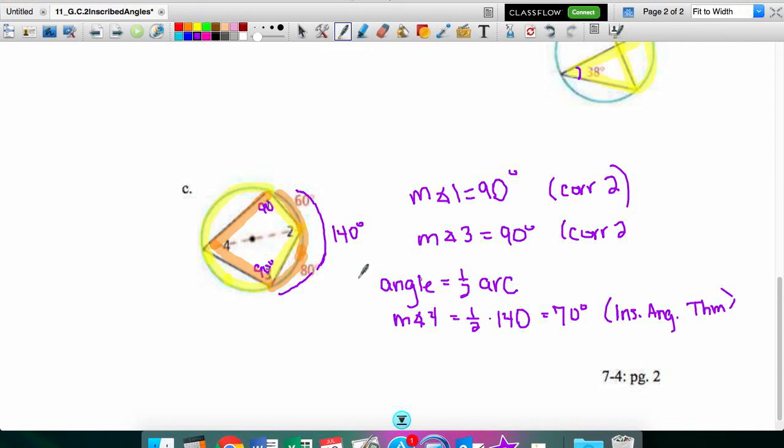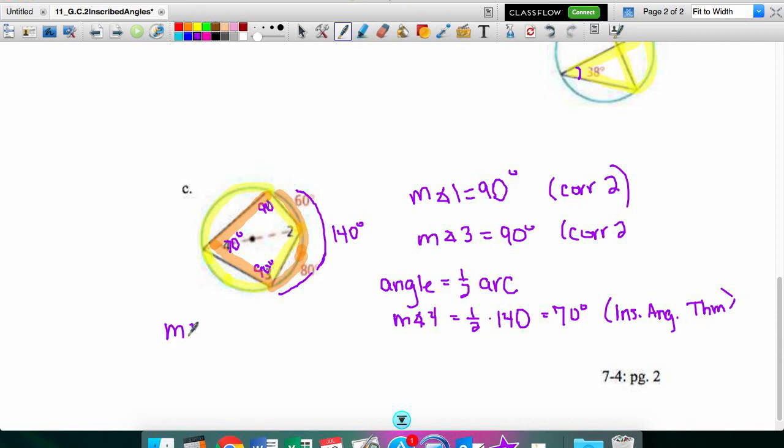Okay. All right, so now we have 1, 3, and 4. So now let's see if that will help us with angle 2. So let's fill in 70 degrees for angle 4. Well, because this is an inscribed quadrilateral, angle 2 is directly across from our 70-degree angle, so that means that angle 2 should be supplementary to angle 4.